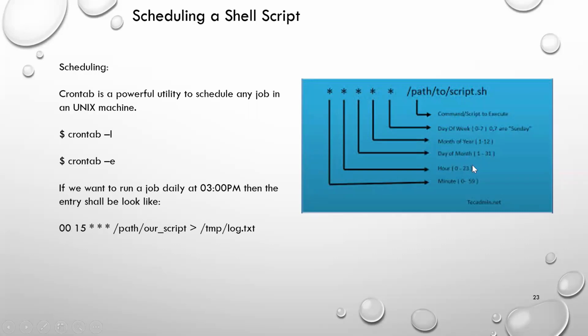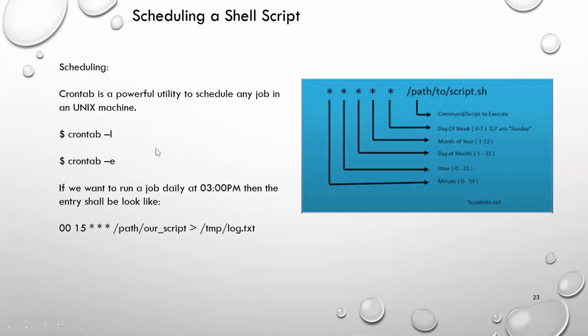The third one is the day of month, 1 to 31. And the fourth one is the month of year. You can also specify that it will run every year in April, something like that. And you can specify weekdays, not week number. I would like to run every Sunday or every Monday. You can configure like that.